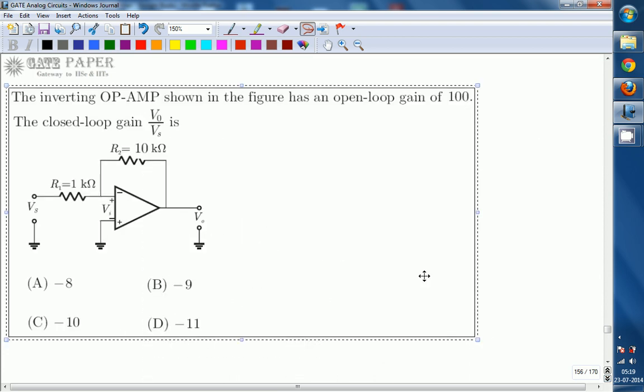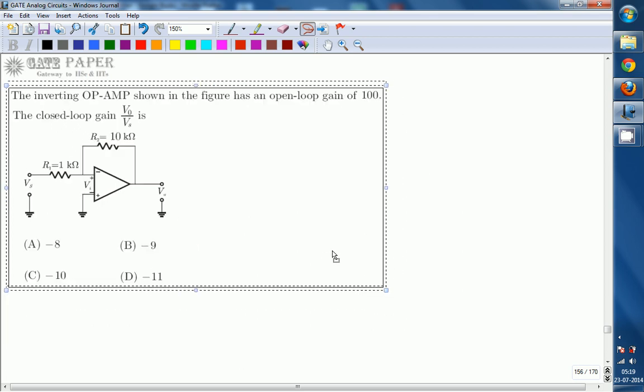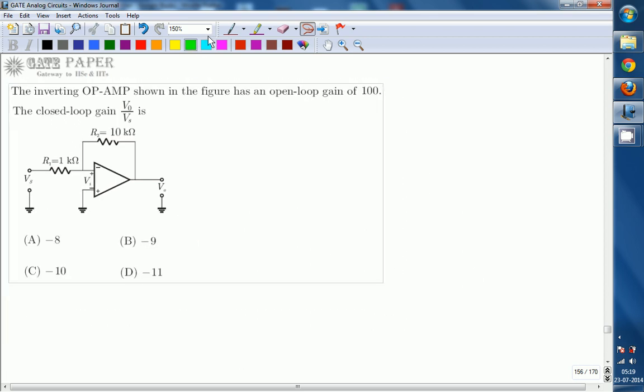So this is the circuit given, and for this circuit, since open loop gain is given, V naught is equal to AOL times of voltage at non-inverting terminal minus voltage at inverting terminal, because the general equation is output voltage is open loop gain times the difference between the inputs, VID.